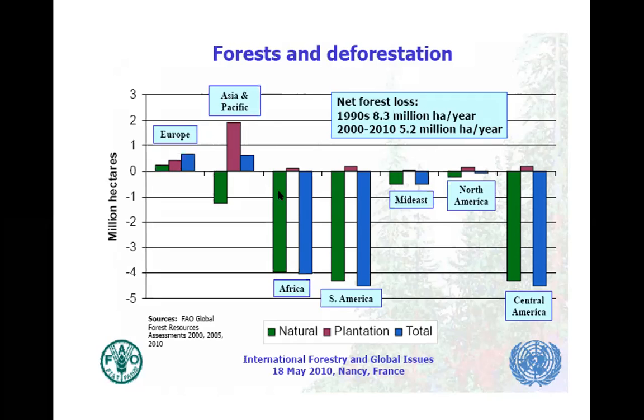That means deforestation is increasing. Although some plantation activities are going on in Asia, significant plantation activity is going on. Even in Bangladesh, plantation activity significantly increased, the tree plantation program, but our natural forest significantly declined.